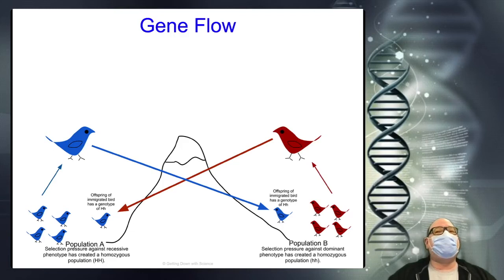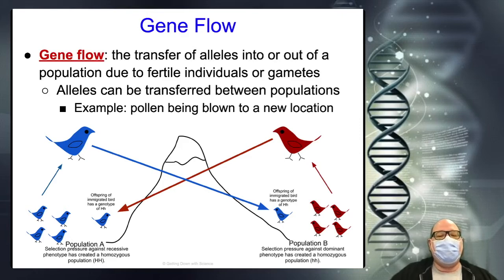Just because of the size of the mountain and maybe the conditions and just how far the bird's behavior is on moving away from its home area, there is isolation that happens, but it's not total isolation. So gene flow happens when alleles are transferred to new locations.